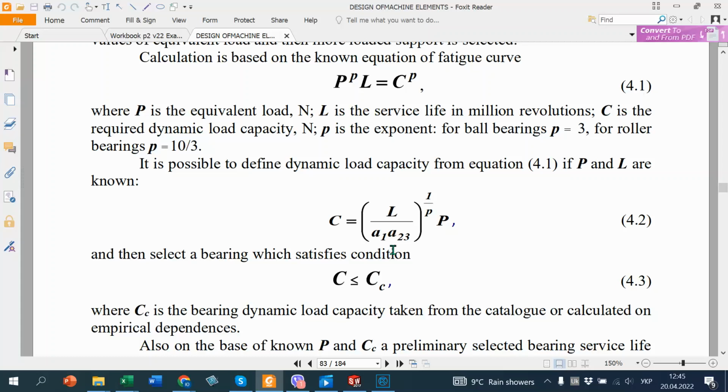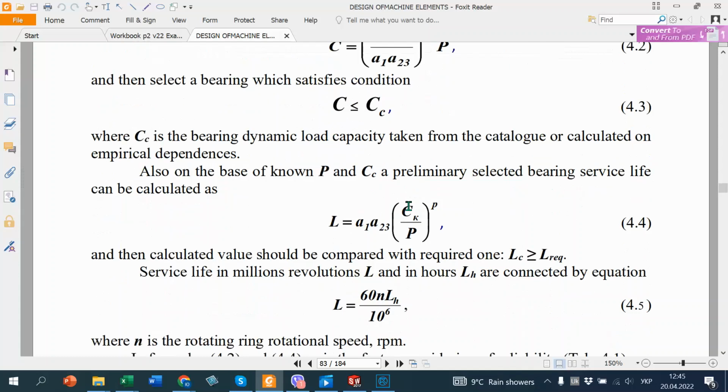So that's why we need to know service life in millions. It may be calculated like this. Here, n is the rotational speed. It is known. LH is given data. And in such way, we can calculate L.